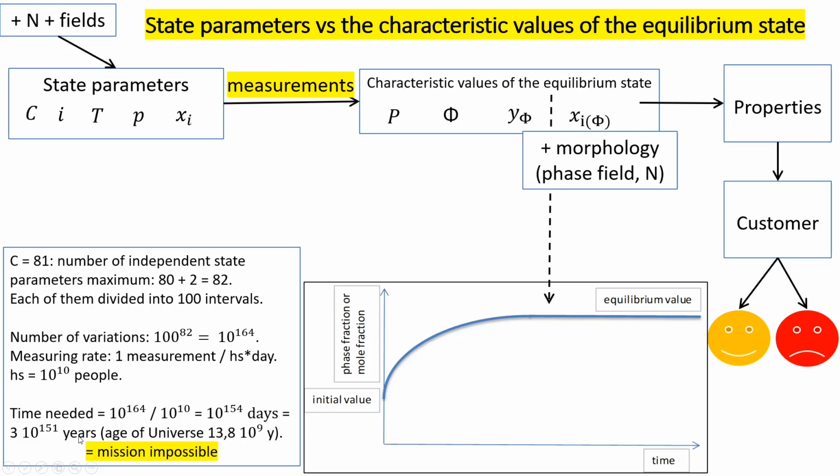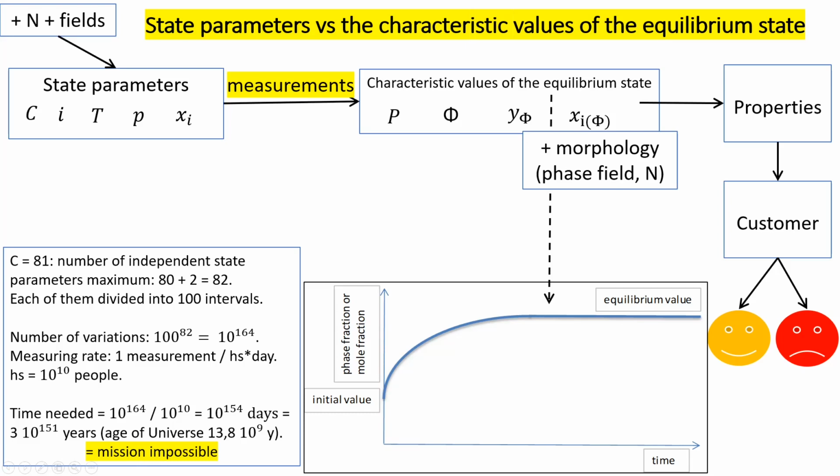And at that point, you should remember the age of the universe, which is about 10 to the power 10 years, much less than the time I need for this project. So my conclusion, despite the fact that I was super optimistic, is that this is mission impossible.